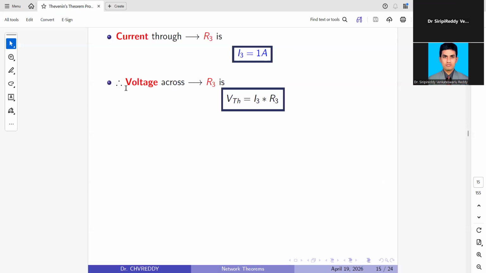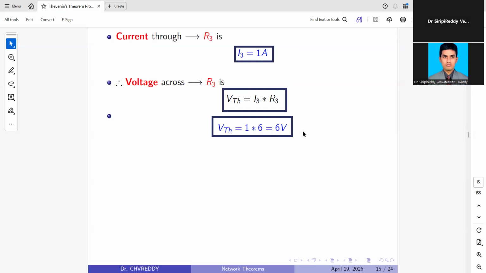Therefore the voltage across R3, that is VTH, is equal to I3 into R3. I3 is 1 and R3 is 6, so 1 into 6 equals 6 volts.